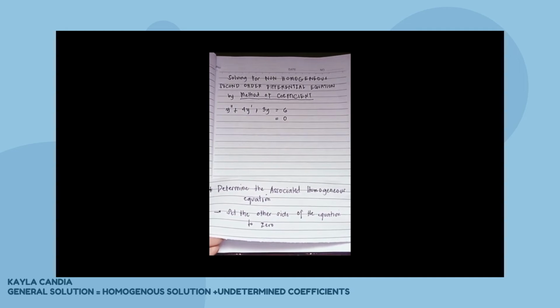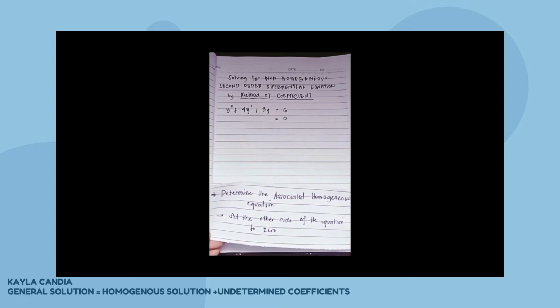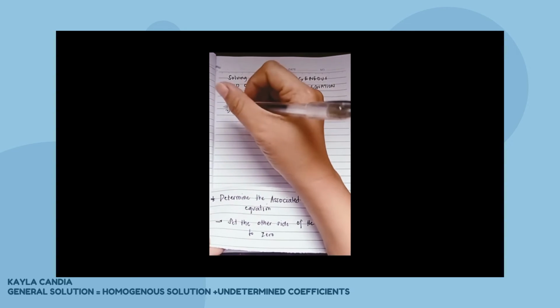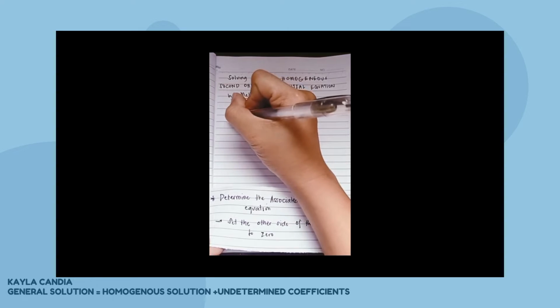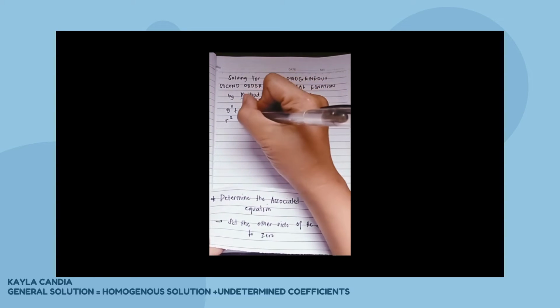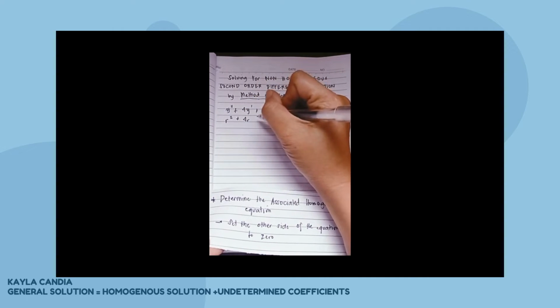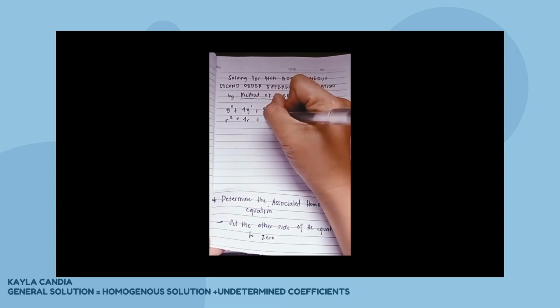So the characteristic polynomial for y double prime plus 4y prime plus 3y is, let's say y equals e to the rx, so r squared plus 4r plus 3.